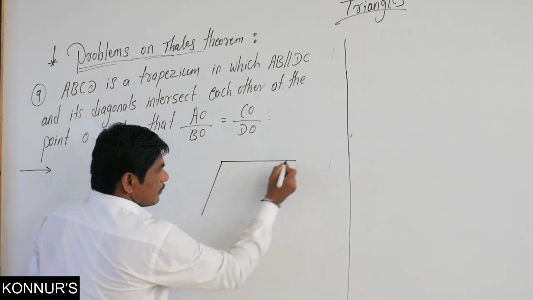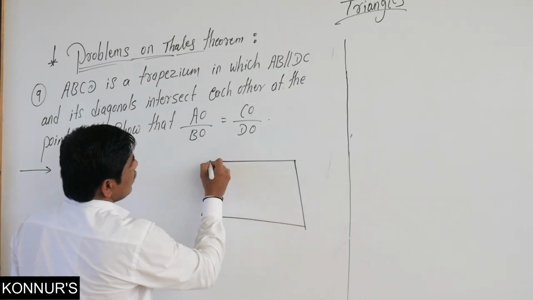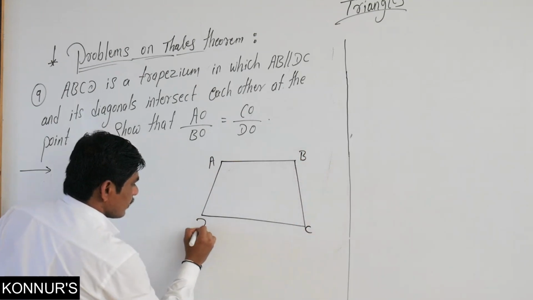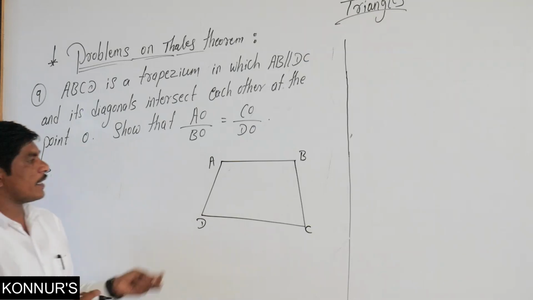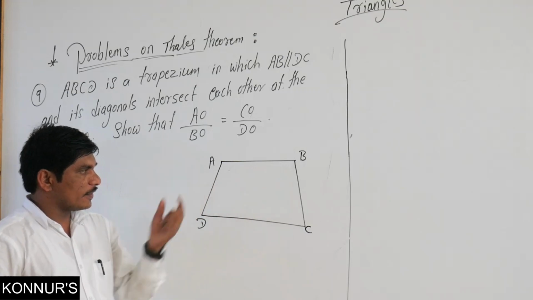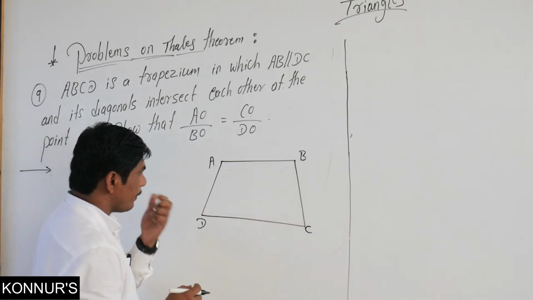According to the given, we construct the figure A, B, C, D, a trapezium. According to the definition of a trapezium, a figure with one pair of parallel sides is called a trapezium. Non-parallel sides are not equal.